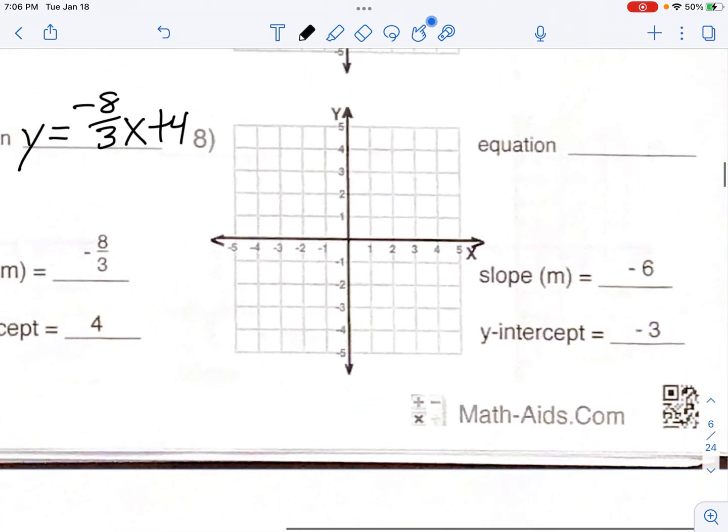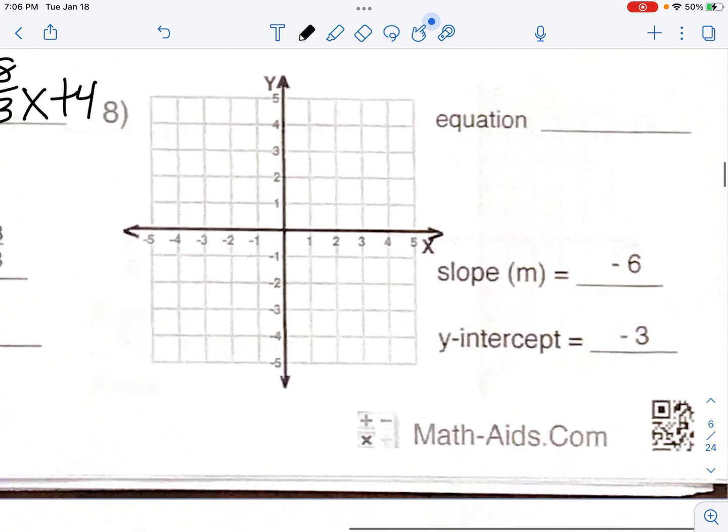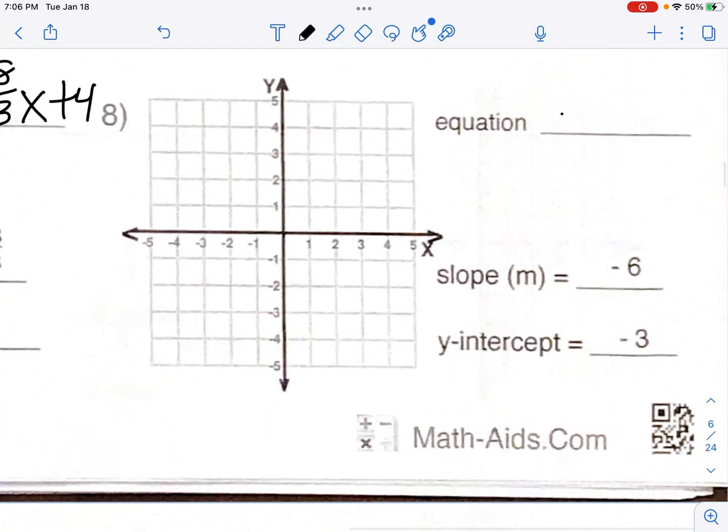And then last one, writing the equation from the slope and y-intercept. So my slope is -6, that goes in front of the x. My y-intercept is -3, so plotted at -3. I cannot go down 6 and right 1, so I need to go backwards. So I'm going to go up 6, 1, 2, 3, 4, 5, 6, and left 1. And then that would be my answer.